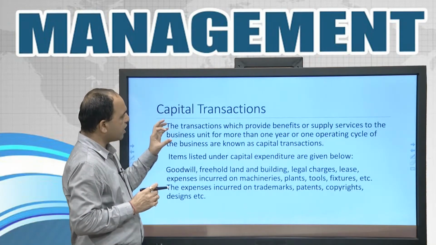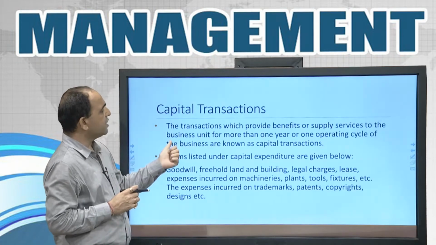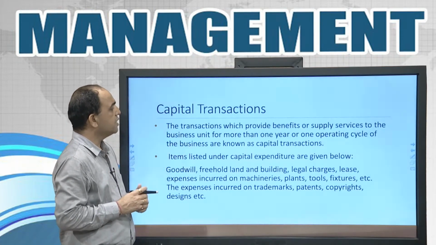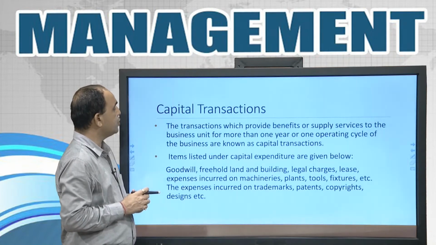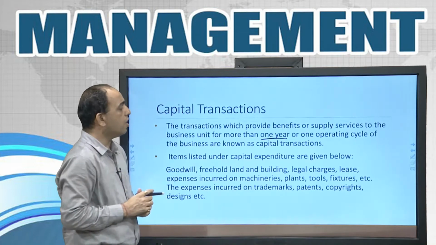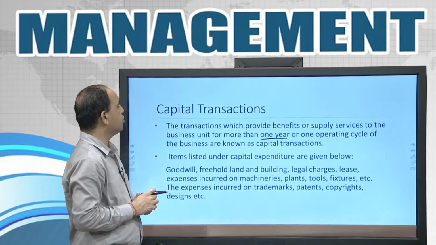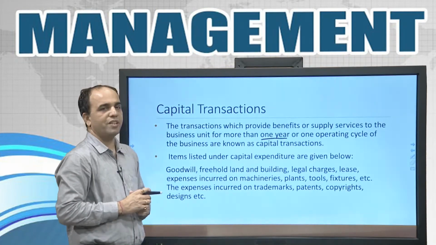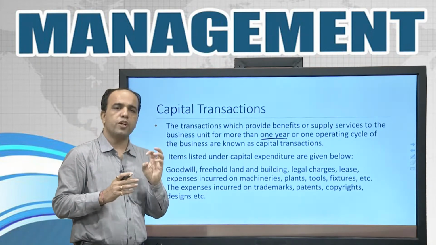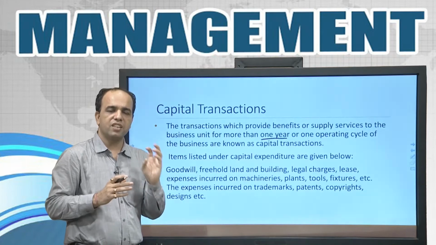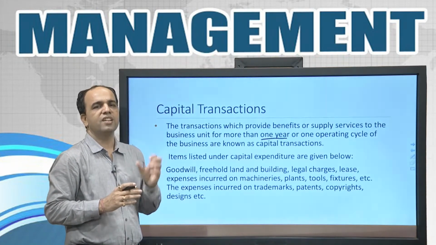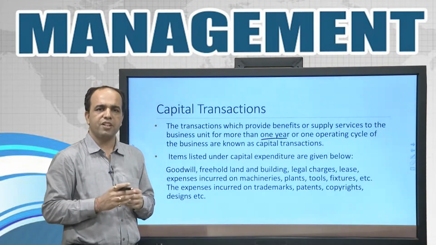In our accounting parlance, the transactions which provide benefits or supply services to the business unit for more than 1 year, this 1 year is important, or one operating cycle of the business are known as capital transactions. So, it is clearly defined: when you are going to get the benefit of the consideration paid as an expenditure for more than 1 year, then it is considered as a capital expenditure.